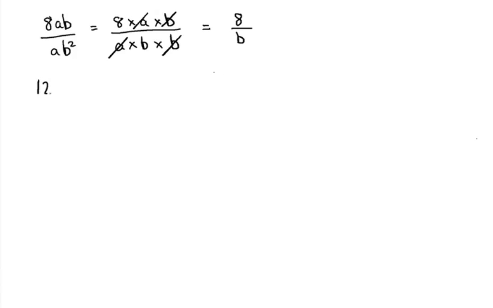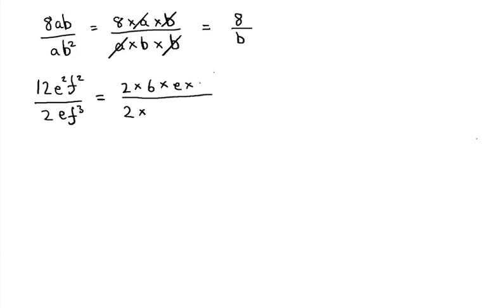Another one, let's have a fairly complicated one. There's 12e squared f squared over 2ef cubed. Now I'm looking at the 12 and the 2, and I know 12 is 2 times 6, so I'm going to be able to cancel off this common factor of 2. There's also a couple of E factors and a couple of F factors.